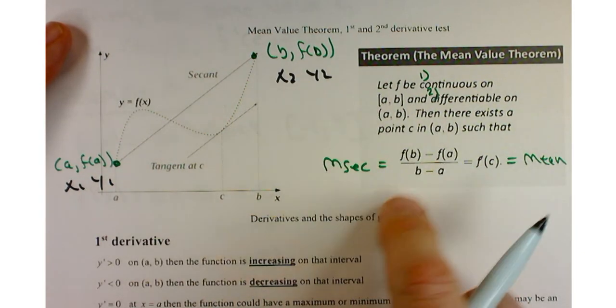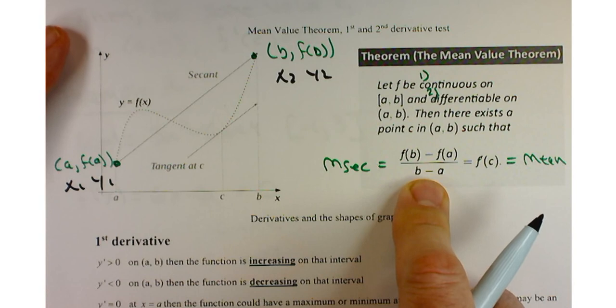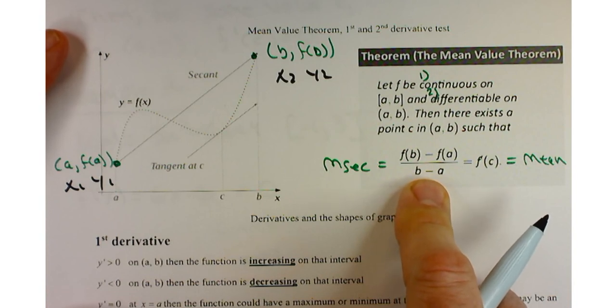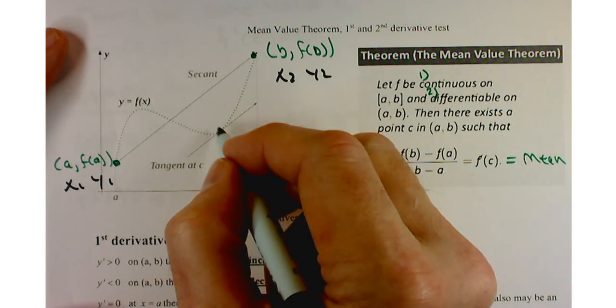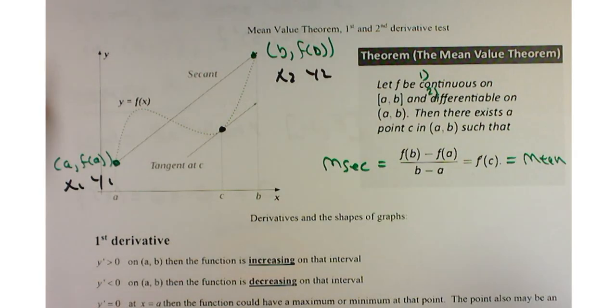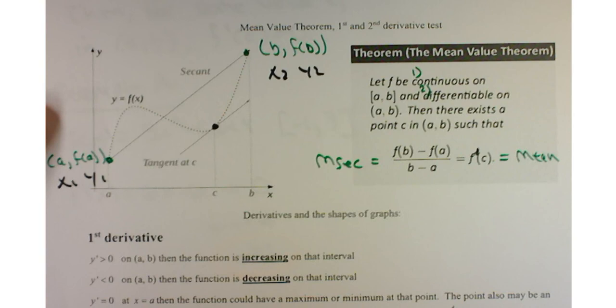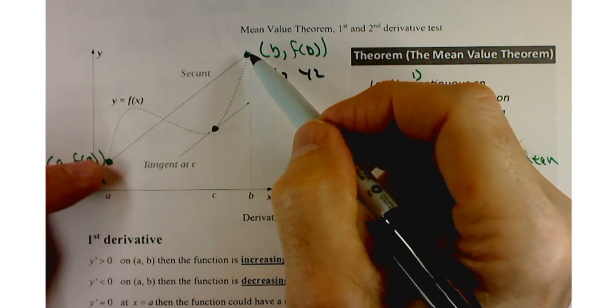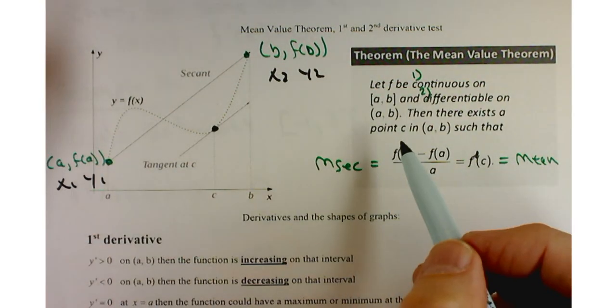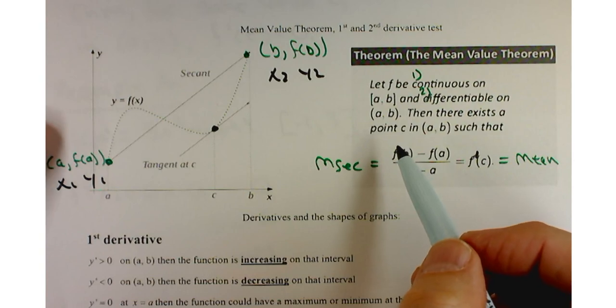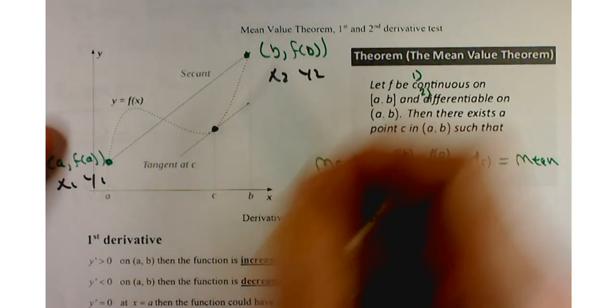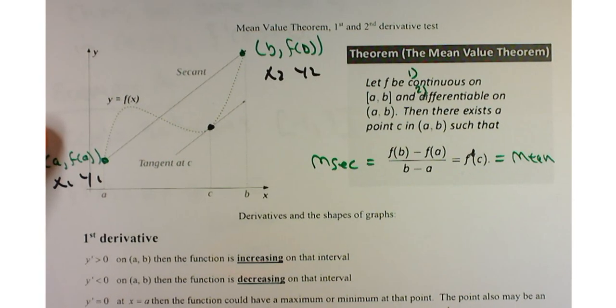That's the slope of your secant line. What tells you the slope of the tangent line? The derivative. That's f prime of c. At some point in this interval, if you have a smooth continuous function, then the slope of the secant line and the slope of the tangent line have to be equal.